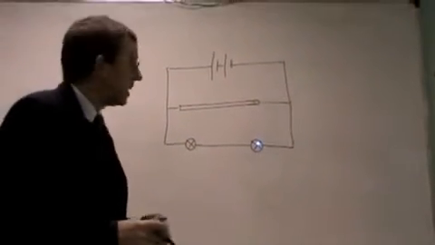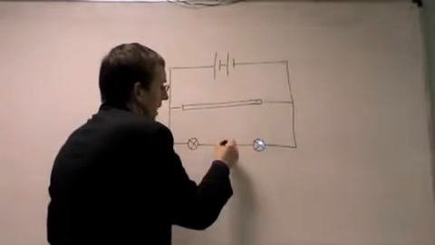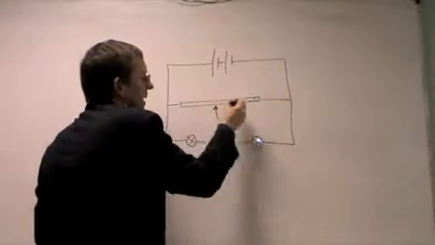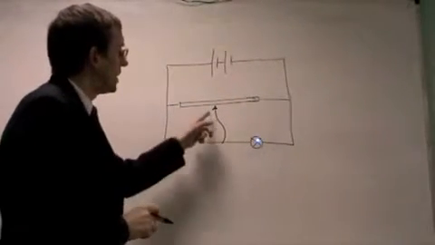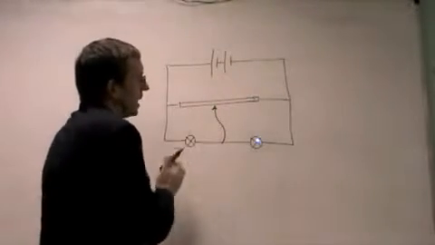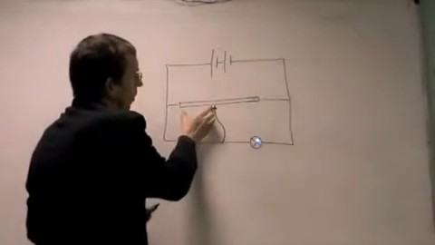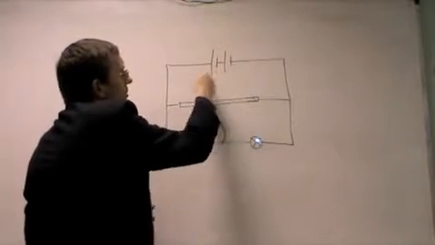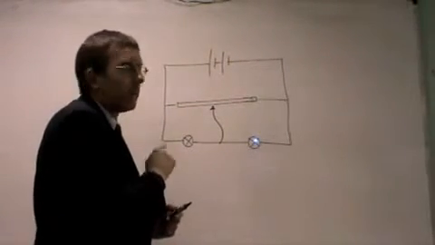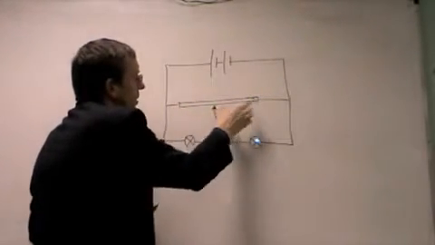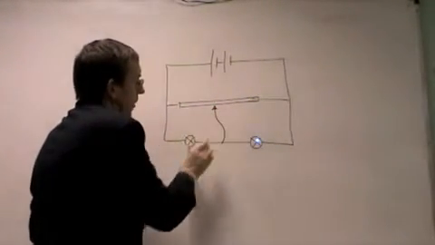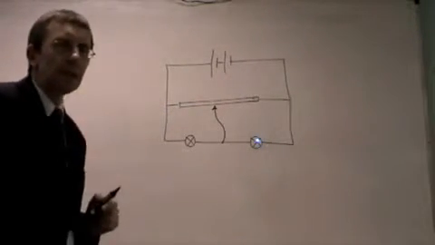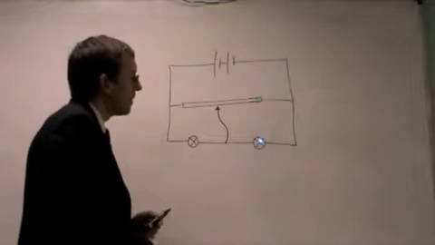But to make this into a balancing circuit, I'm going to take a connection here to the sliding contact on the rheostat. Now this is a potential divider where I've got one resistor here and another resistor here, and the potential difference provided by the battery is shared between these two resistors, and that's now able to change the potential difference across each of these bulbs here.